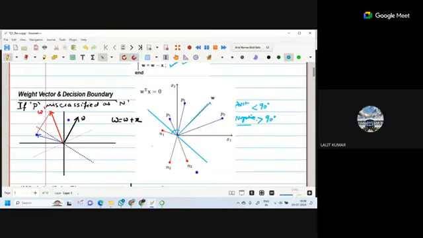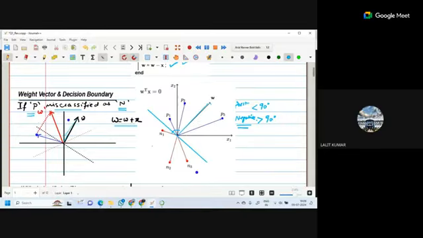Whenever there is, for example, the first case, a positive point that has been misclassified as negative, then we do W is equal to W plus X. So the original W is here.